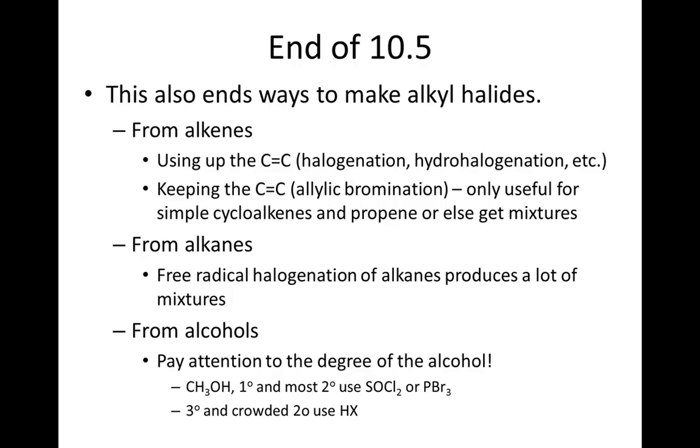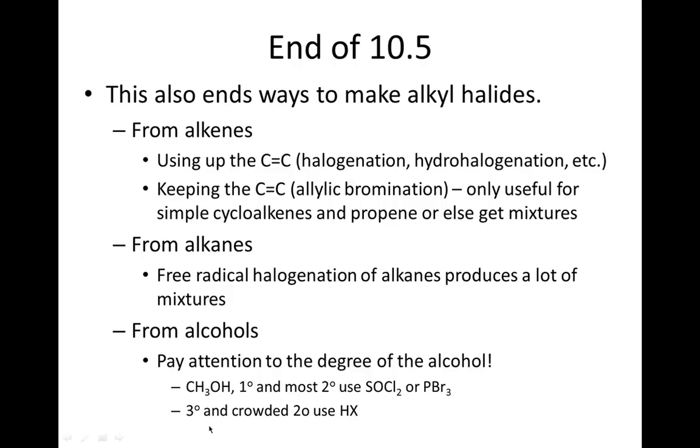And then in this section we've just talked about making alkyl halides from alcohols, and so here what we really need to do is pay attention to the degree of the alcohol, and so we can either use thionyl chloride or PBr3 for methanol or primary and most secondary alcohols.